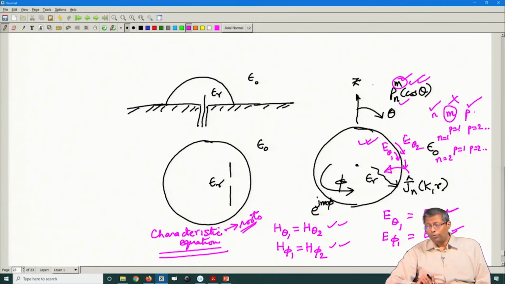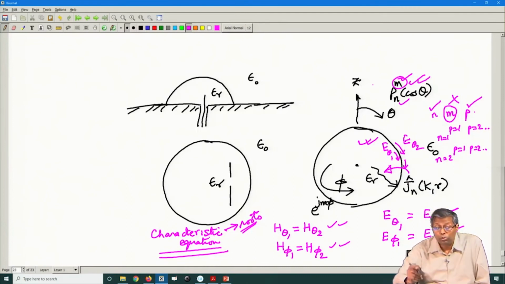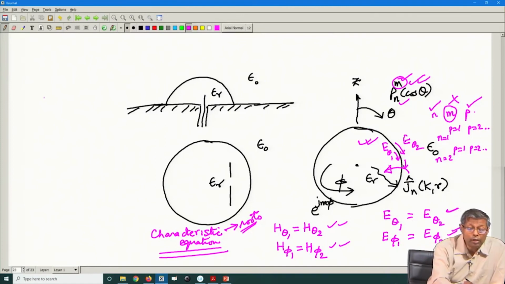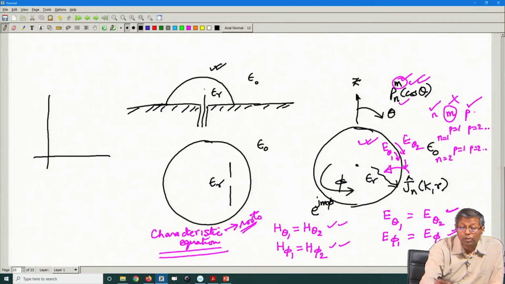Why do we do this exercise? Why is it important to us? It is important because, through the source free modes, let us say we have obtained a match with this system, with the coaxial probe, at this frequency.